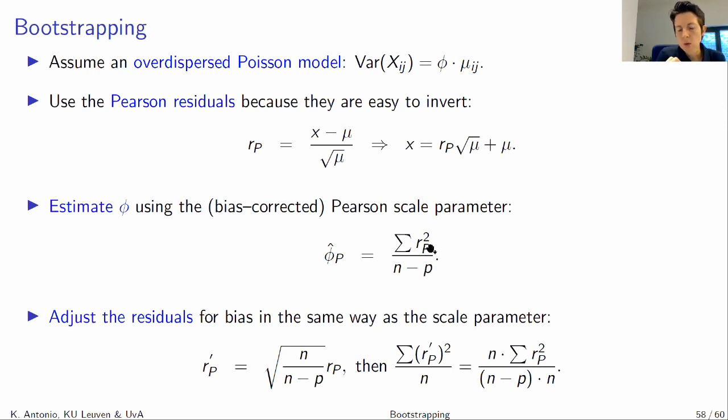But you could also say, well, instead of dividing by n minus p, I can still divide by n, but make the adjustment in the residuals that I'm using. And that's written down over here. So if you use in your estimate for the dispersion parameter a division by n, but you use adjusted Pearson residuals, R prime, in such a way that these R primes are defined like this, well, if you plug in this expression, then you see that you get exactly the same estimator as we initially had.